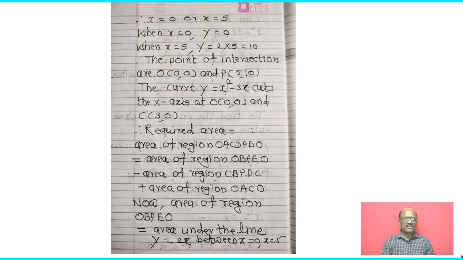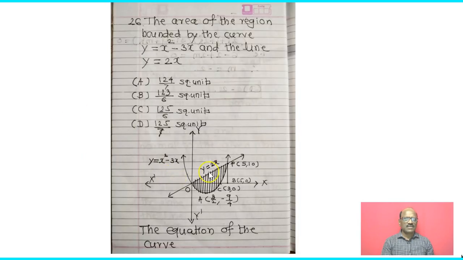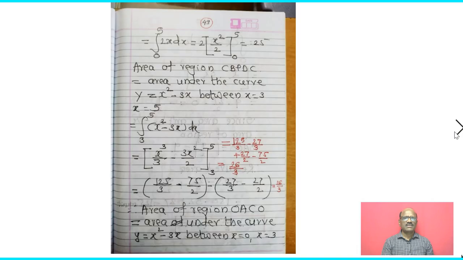This is the line, from 0 to 5. Therefore, you will get the integral from 0 to 5 of 2x dx. The integral of x is x square upon 2, from 0 to 5, that is 25. These two get cancelled.